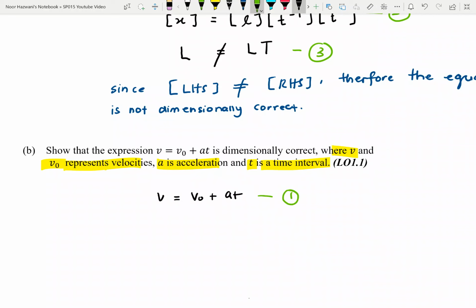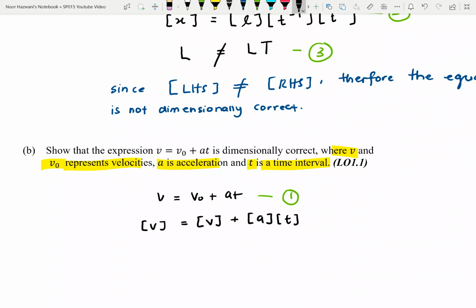Then step number 2, we have to write down the dimension formula. Remember again, when writing the dimension formula, use square brackets. Square bracket everything, no need to think too long: square bracket v, square bracket v0, square bracket a and square bracket t. You have to make sure all the quantities are in basic quantity.